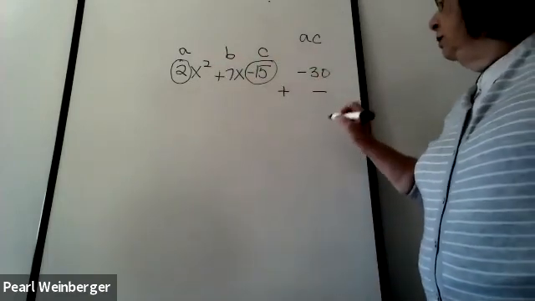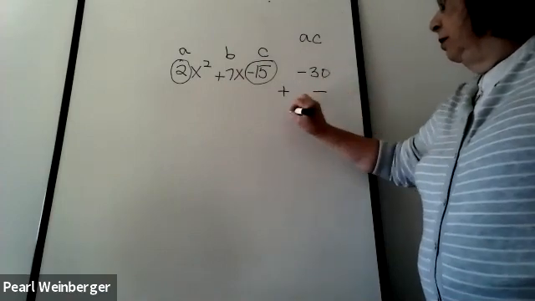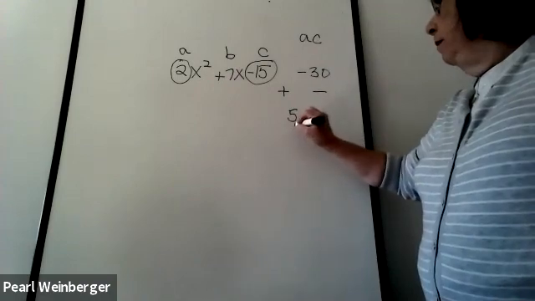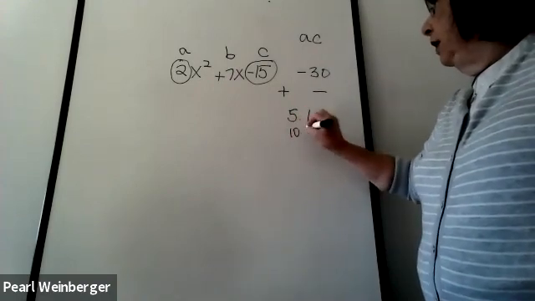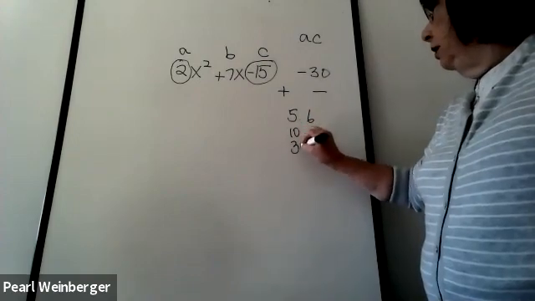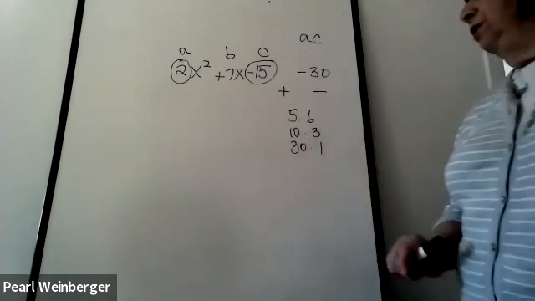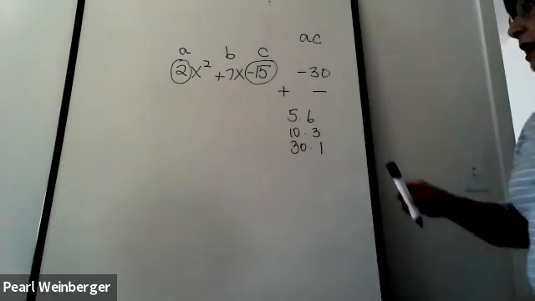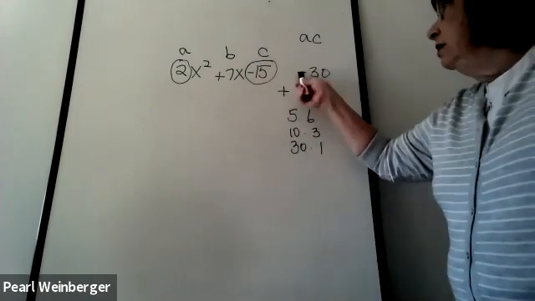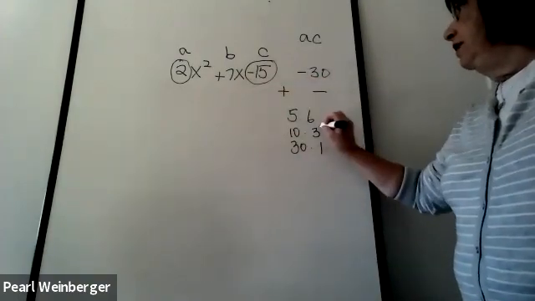Now, what numbers multiply to 30? Well, 5 and 6, 10 and 3, 30 and 1. I think that's pretty much all the choices. Do any of these subtract to 7? Yes, obviously 10 and 3.